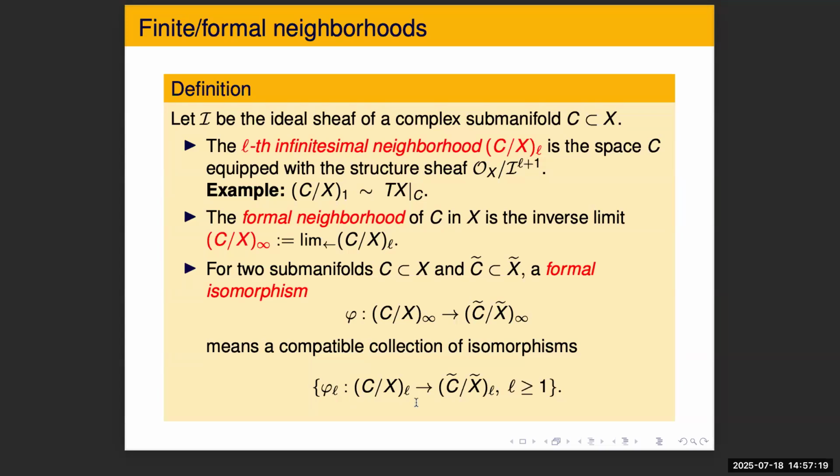The statement of the tubular neighborhood theorem, that there's some neighborhood with a biholomorphic map, actually requires a formal isomorphism, because if you have such a biholomorphic diffeomorphism, then it induces a formal isomorphism. So this is, in fact, a necessary condition.